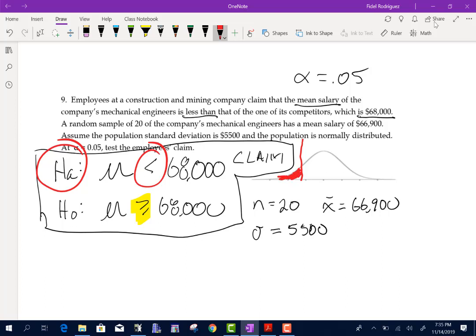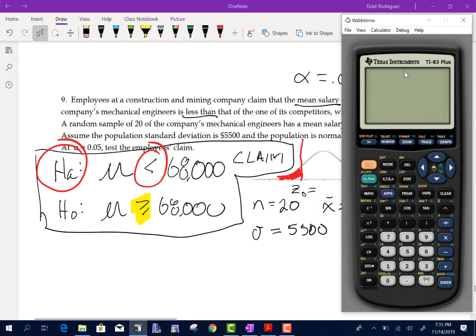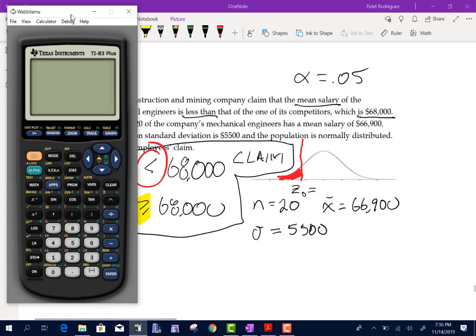Okay, guys, remember a little while ago, can we find that Z0 value? We just did that right now. What did we do to find that Z0 value? We got our calculator, right? And what do we do to find the Z value when the alpha is 0.05? Do you remember what we did?